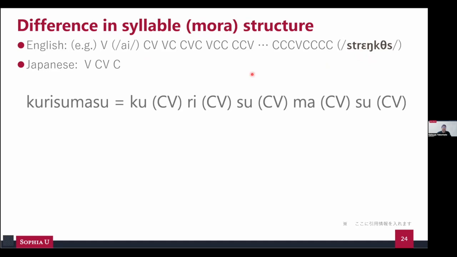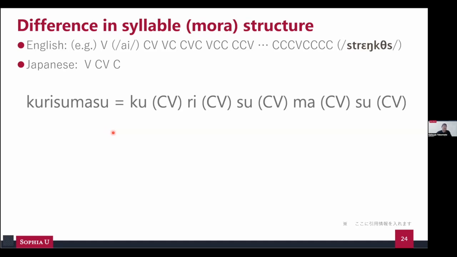Japanese syllable structure, or mora structure, mora is a unit in Japanese. We don't call it syllable, we call it mora. But a mora structure is vowel only, or CV sequence, or consonant only. But I would say 98% of the morae in Japanese would be CV sequence. So when you say kurisumasu, it's more like Japanese.